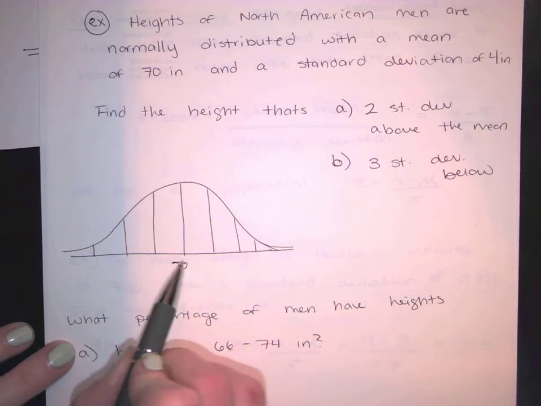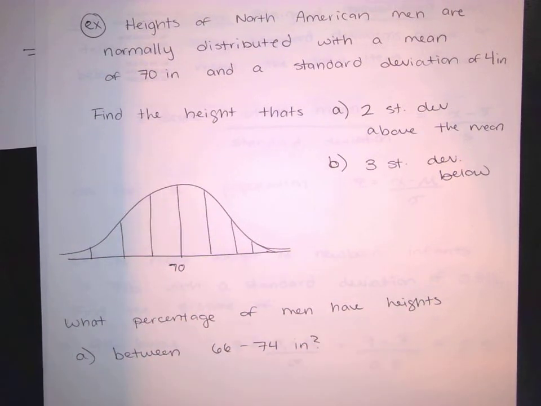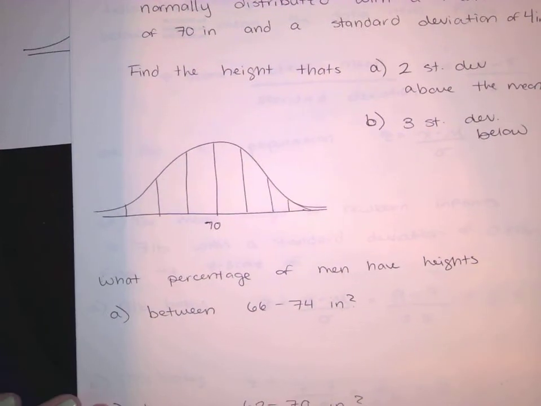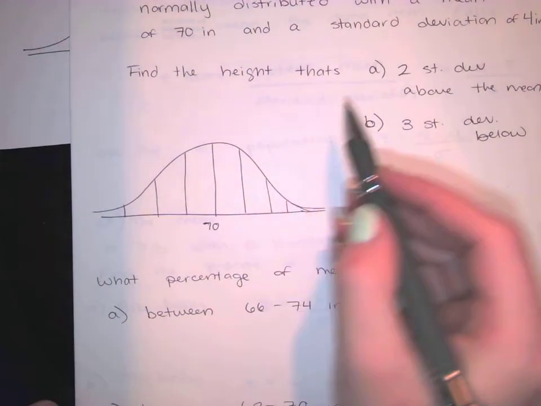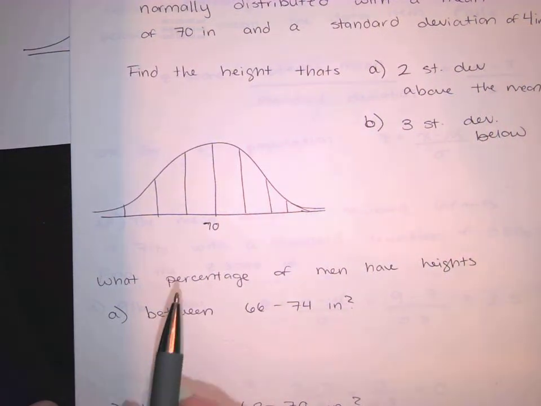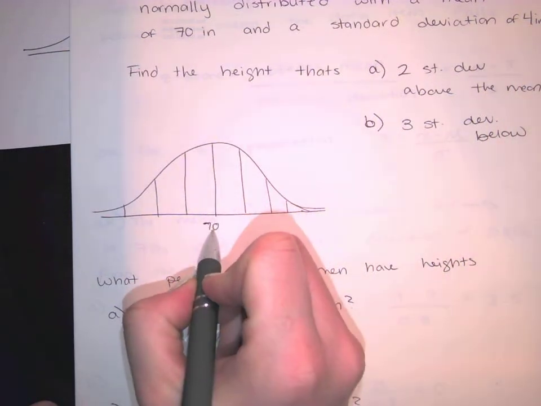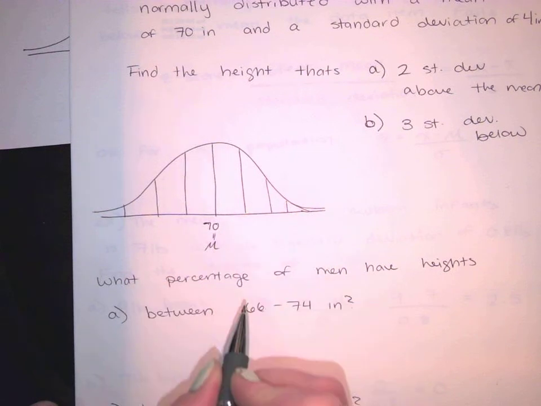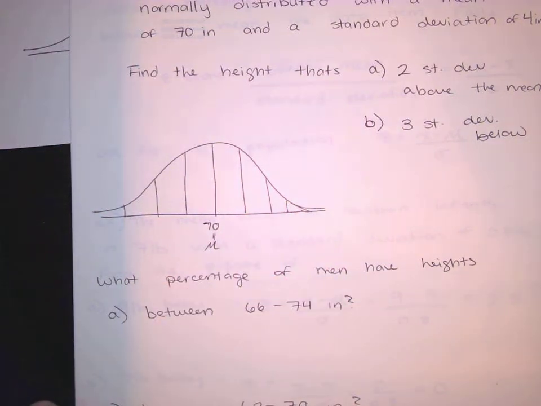First let's fill in the heights on the bottom associated with being a certain number of standard deviations above or below that mean. So if the standard deviation is 4 inches and the mean is 70, remember we use mu instead of x bar if we're talking about a population mean.